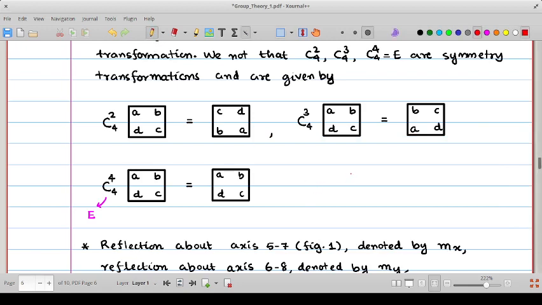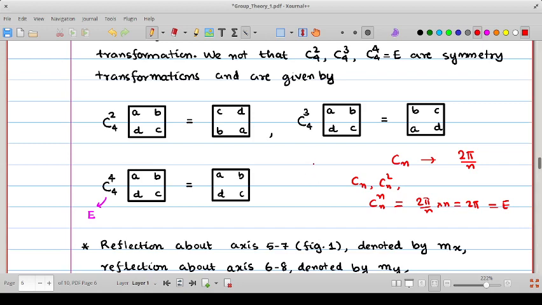Now this generalizes. If we have a Cn axis, that means a rotation about a symmetry axis by an angle of 2 pi by n radians, we can construct Cn square, Cn cube, etc. But then Cn to the power n is a rotation by 2 pi by n times n, which is 2 pi radians, which does nothing to the system, and therefore is the identity.